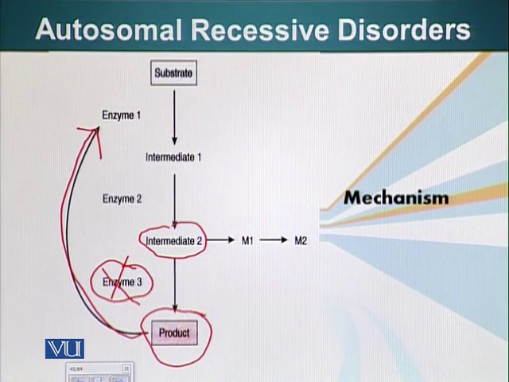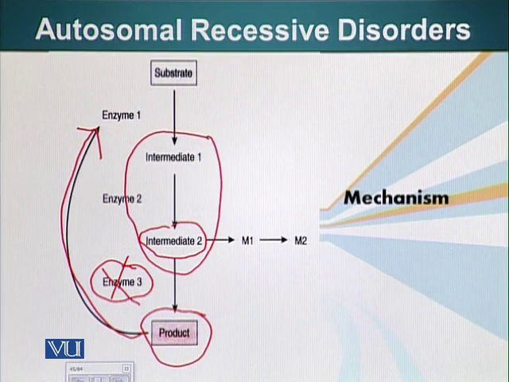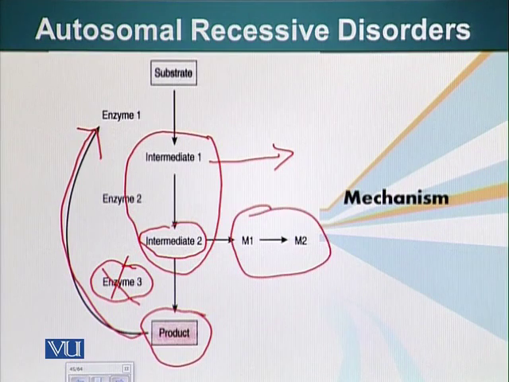This is the commitment step in this process. Once enzyme 1 converts substrate into intermediate 1, this process has to follow. Because if this doesn't follow, the intermediates here, 1 and 2, can go to side metabolic pathways and result in toxic byproducts. These toxic byproducts can also result in cell injury and disease.